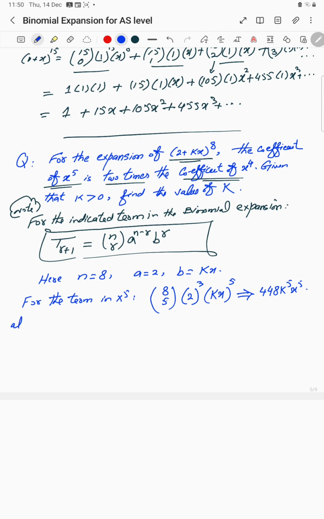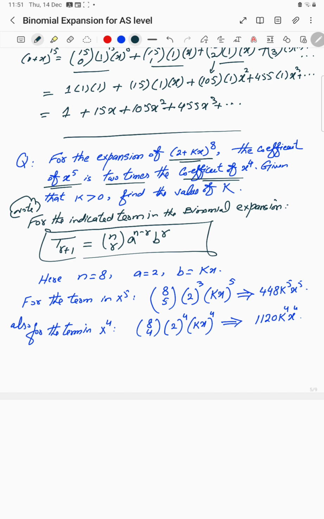Also, for the term in x^4, we can say 8C4, 2 power the difference of these, which is 4, and (kx) power 4. With the help of a calculator, once we solve it, we will get 1120 k^4 x^4.